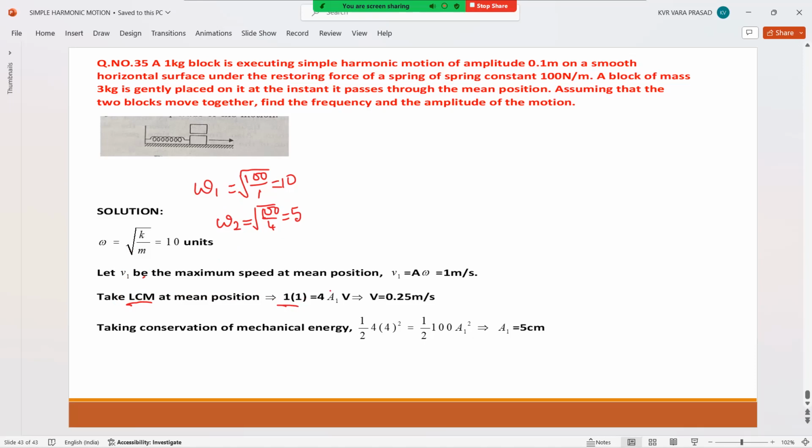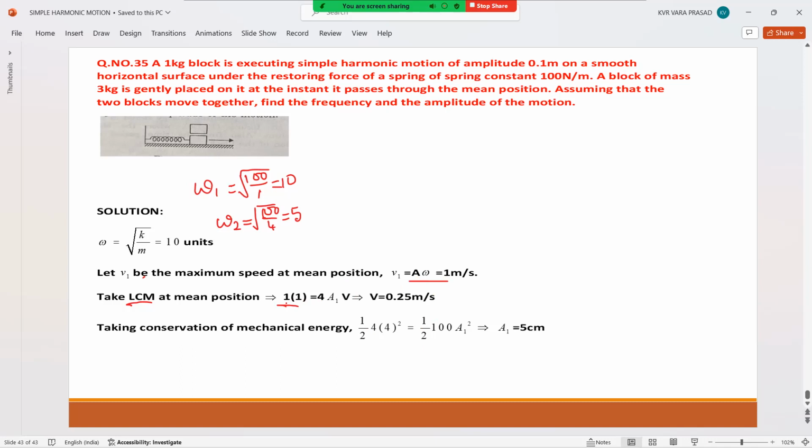It is 1 into 1 because velocity is not given. We are given amplitude 0.1 and we got omega 10. Therefore, V value 1 meter per second.